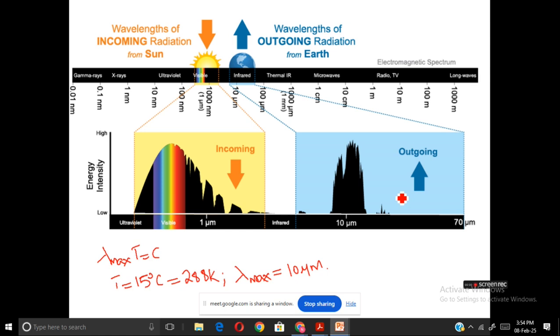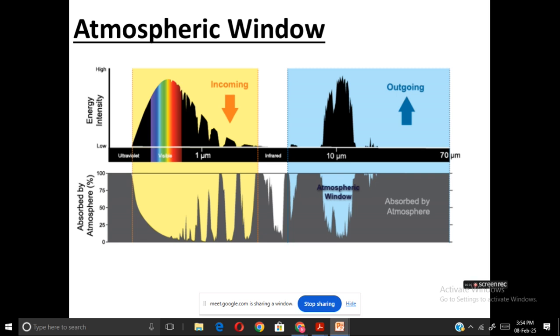Incoming shortwave radiation peaks in the visible range at around 500 nanometers, whereas the outgoing long wave radiation peaks in the infrared region, at 10 micrometers, the far infrared region. That is how the wavelength or energy distribution of incoming solar and outgoing long wave radiation looks.